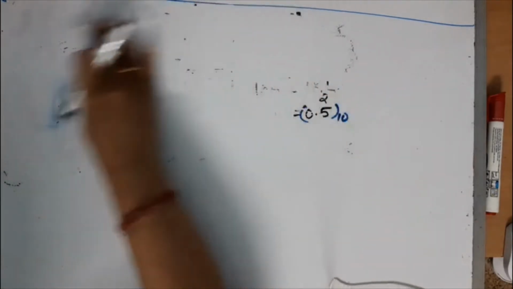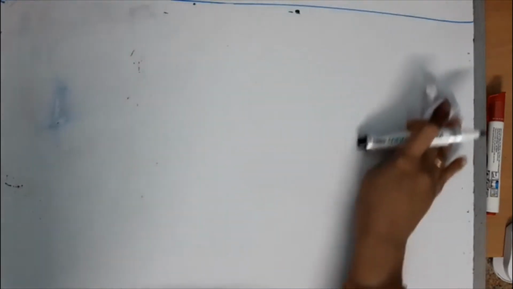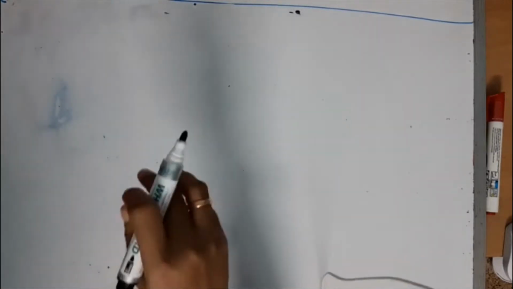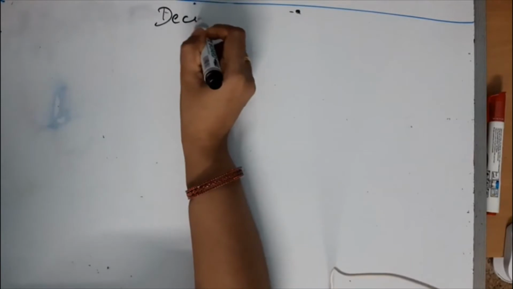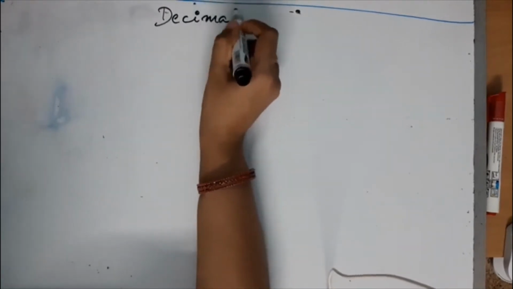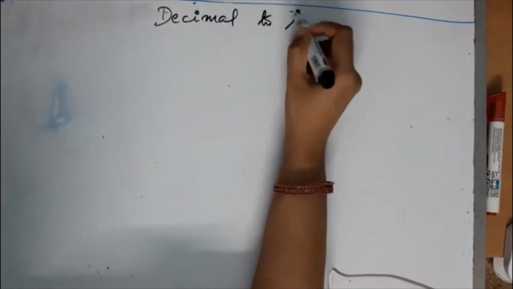So now we've talked about how to convert a binary number to decimal. Next we'll find out how to convert a decimal number to binary.